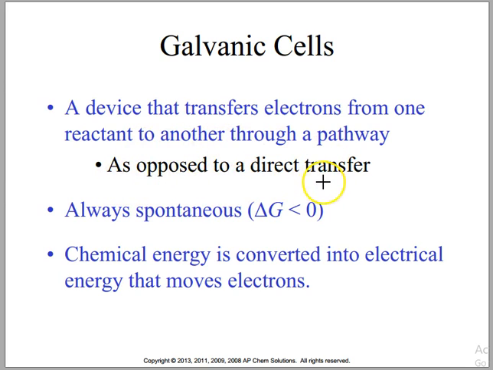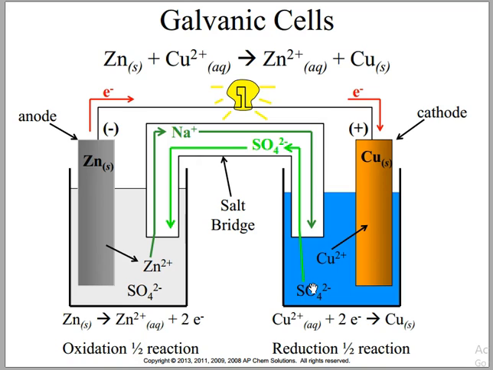So it's the opposite of a direct transfer, because it has to go through a pathway, which we'll show you. These are always spontaneous, so delta G is less than 0. And chemical energy is converted into electrical energy that moves electrons. So we have an oxidation-reduction reaction that is causing electrons to move, which creates a current, and then we'll relate that to voltage later.